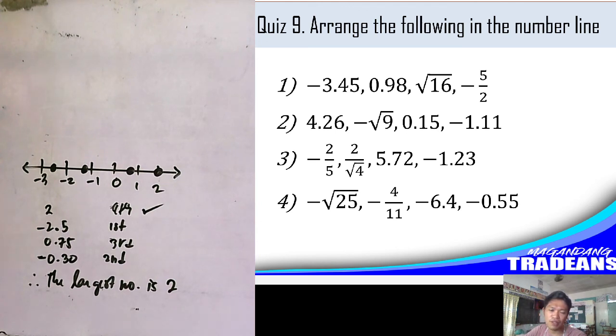Number 2, we have 4.26, negative square root of 9, 0.15, negative 1.11. Number 3, negative 2.5, 2 over square root of 4, 5.72, and negative 1.23. For the fourth item, we have negative square root of 25, negative 4 over 11, negative 6.4, and negative 0.55.